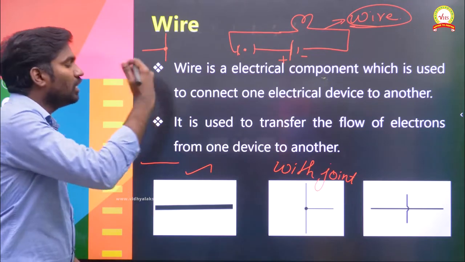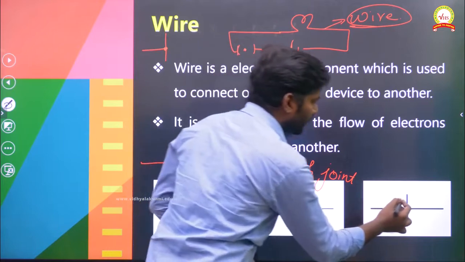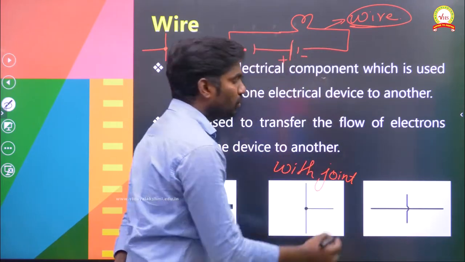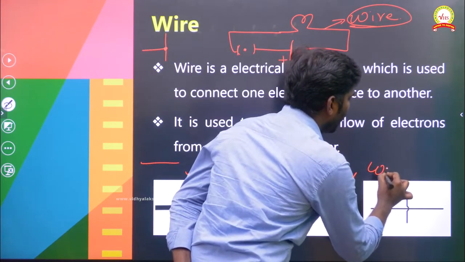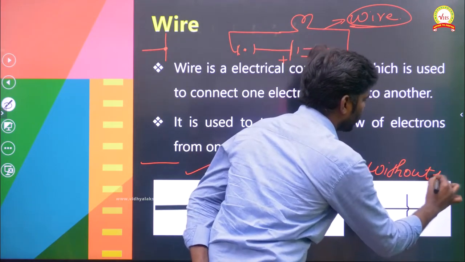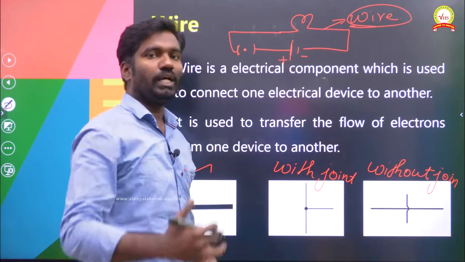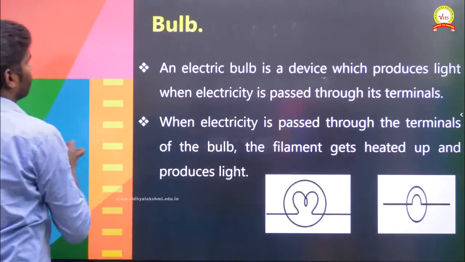It represents two wires that have been joined. Whereas another condition is when the wire is crossing like this. This one represents a wire without joint, without any joining. It is passing from one wire to the other wire.